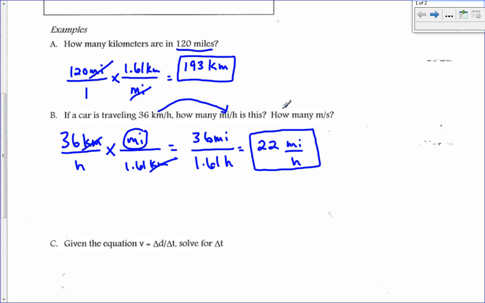Our next conversion is going from 36 kilometers per hour to meters per second. Or we can just go ahead and convert 22 miles per hour to meters per second. Let's do that. So we put our answer down, and that's what we're given, 22 miles per hour.